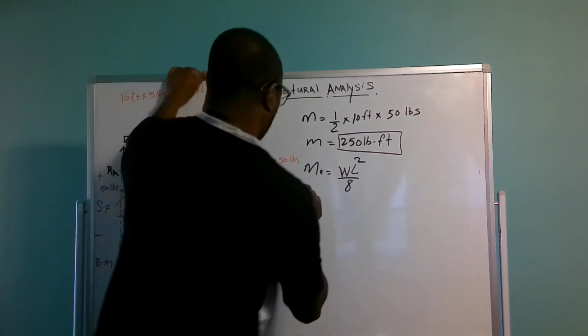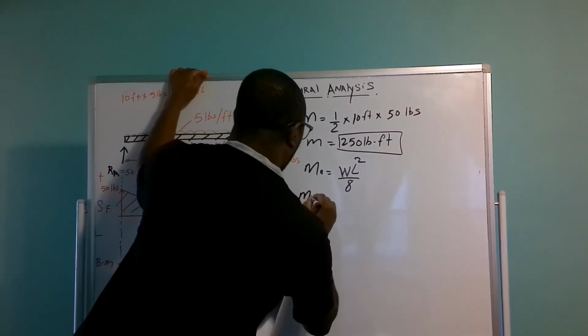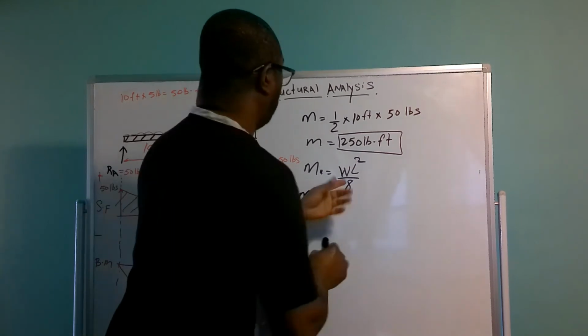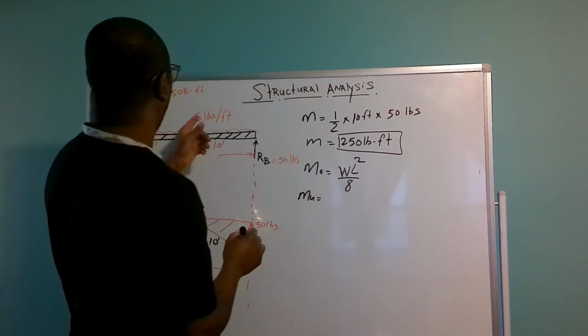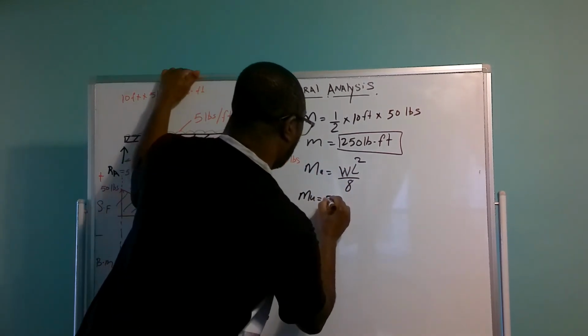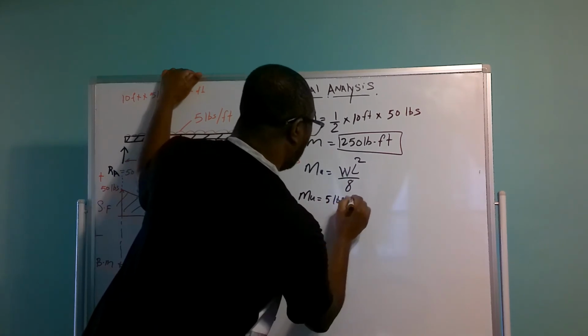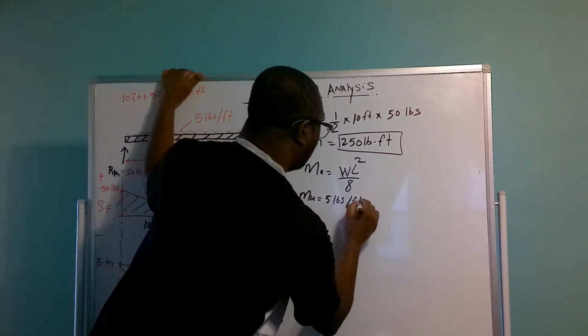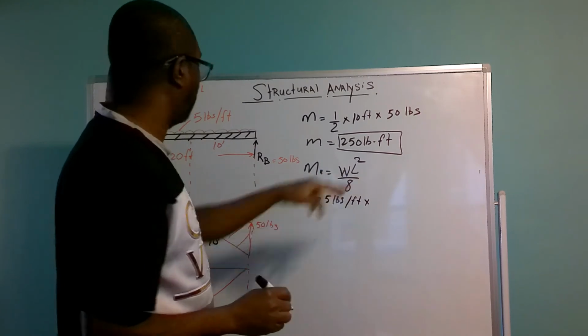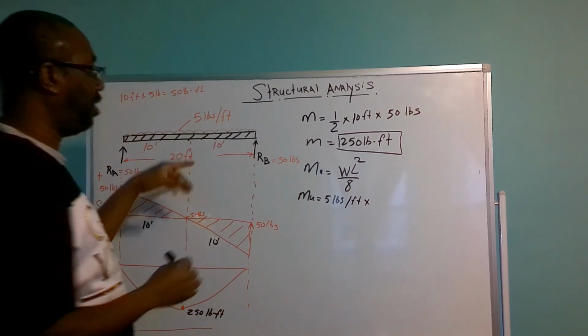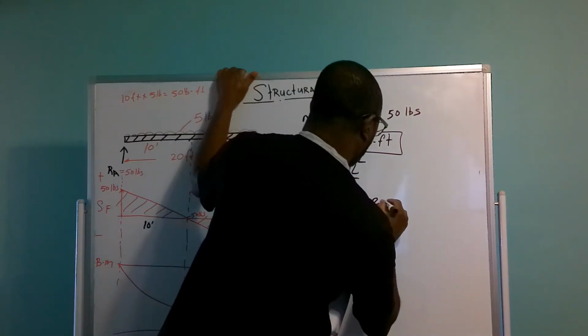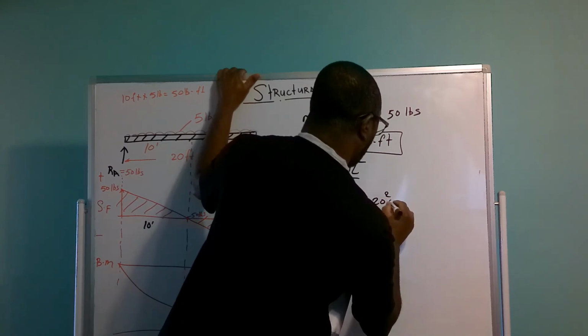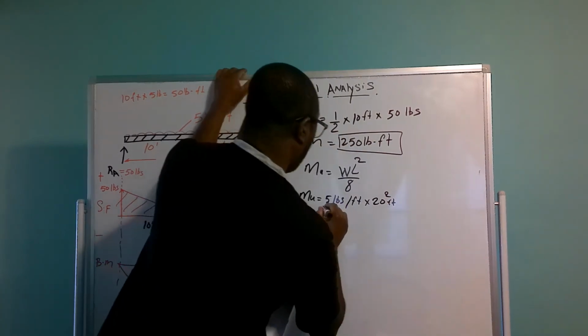So let's do it. The moment is going to equal W, which is the weight, 5 pounds per foot, times L squared, and the length here is 20 feet, which is 20 feet squared, over 8.